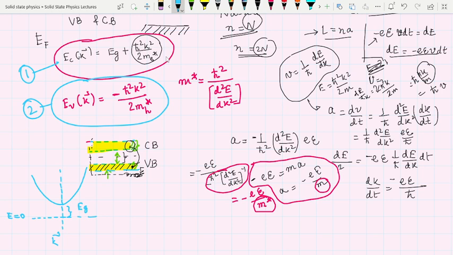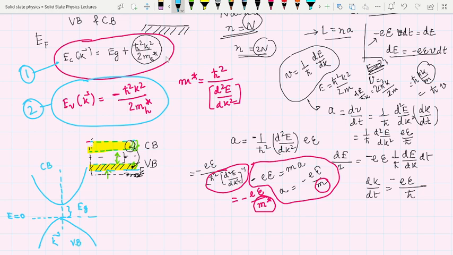So for symmetry we have considered this to be negative. The valence band is negative, so this is nothing but ħ²k² by 2m* plus Eg, and this is minus ħ²k² by 2m_h*. This is the conduction band, this is the valence band.